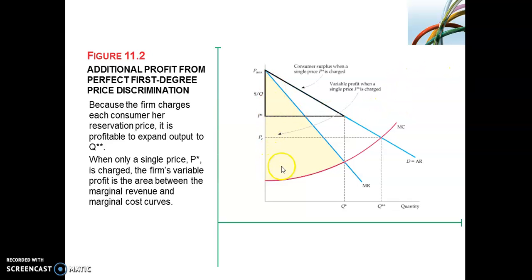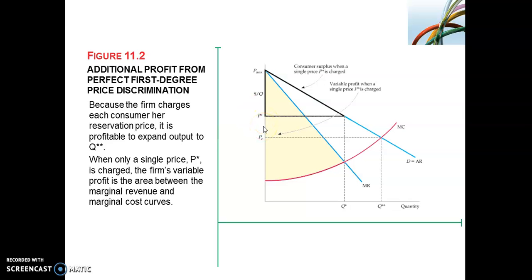This is the incremental or the variable profit up to an output of Q star, by seeing the difference between marginal revenue, which is given by the blue curve, and marginal cost on each additional unit of output up until Q star. So this is the variable profit at a single price of P star, right? This black triangle represents the consumer surplus when a single price P star is charged.